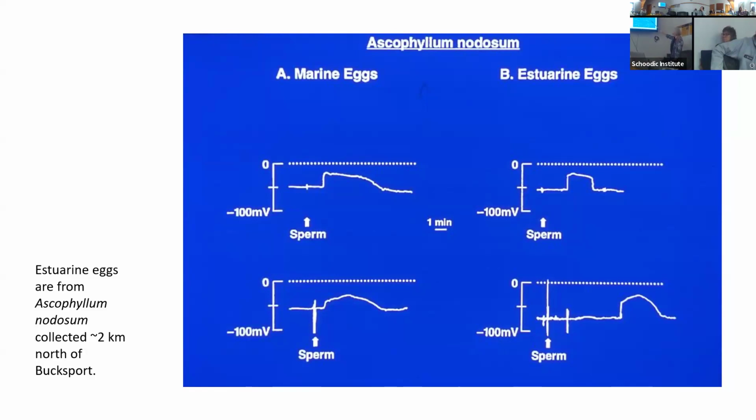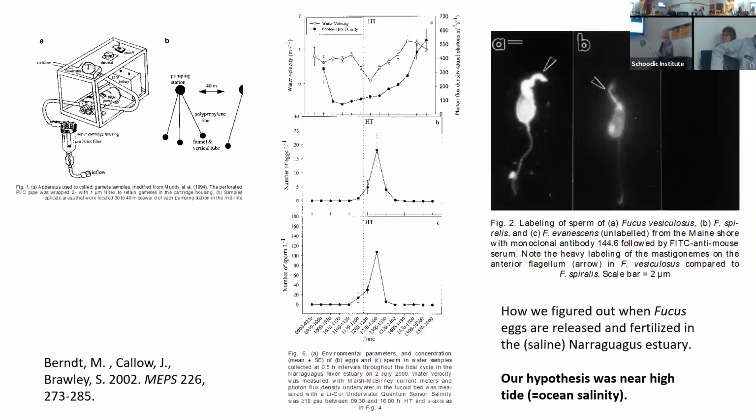You can see that the fertilization potential in estuary water still rises well, but it probably doesn't last long enough to protect the eggs. And secretion is also slower under lower salinity conditions, so you would anticipate higher polyspermy there.